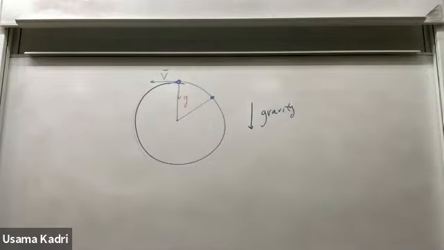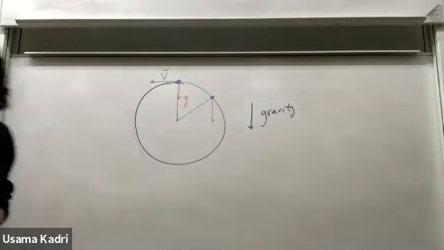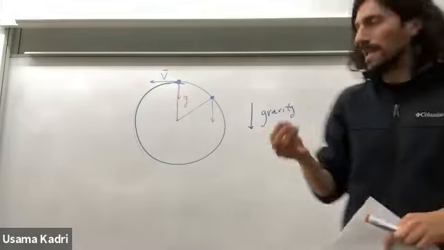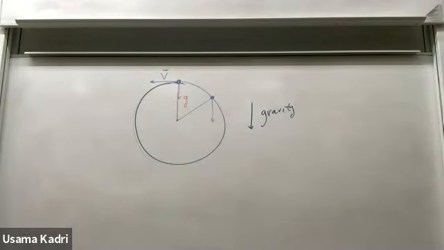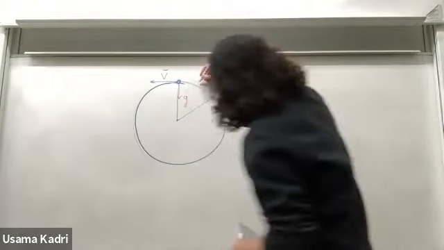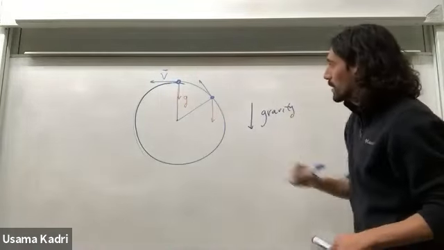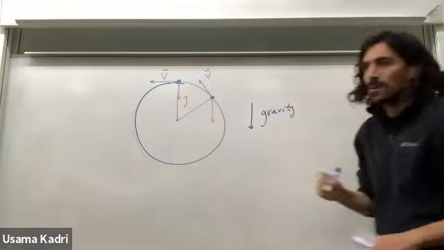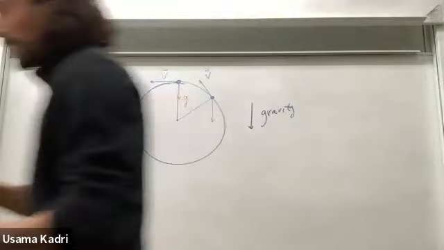So when it's here, for example, gravity is acting downwards. It's always downwards. But the centripetal acceleration is always perpendicular to the velocity vector. So this is centripetal acceleration.